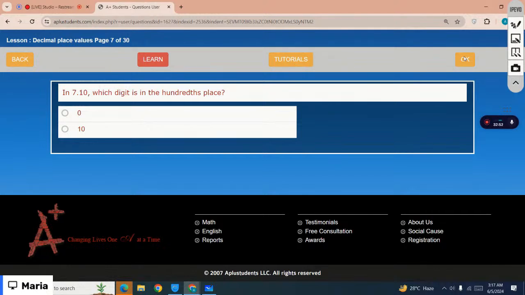In 7.10, which digit is at the 100th place, which is the correct option?